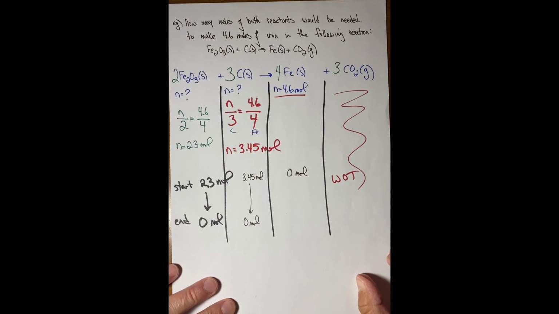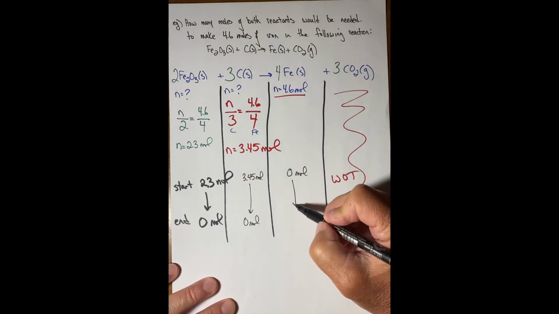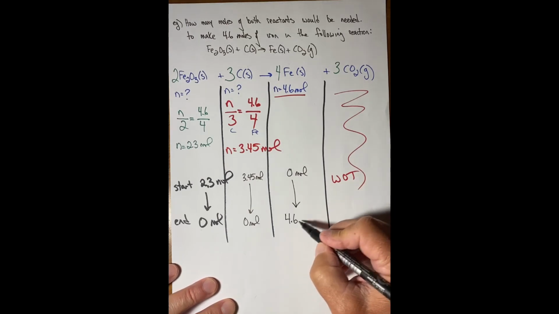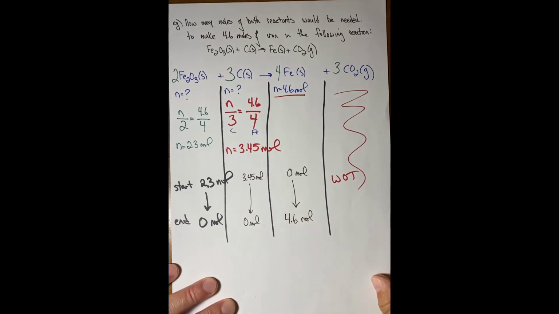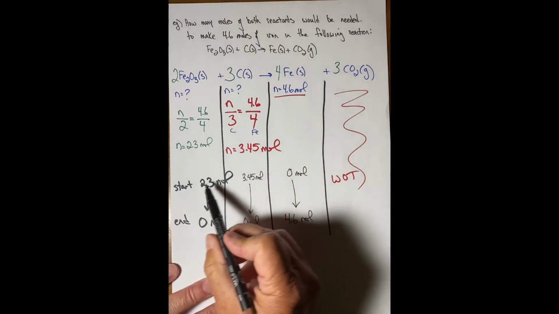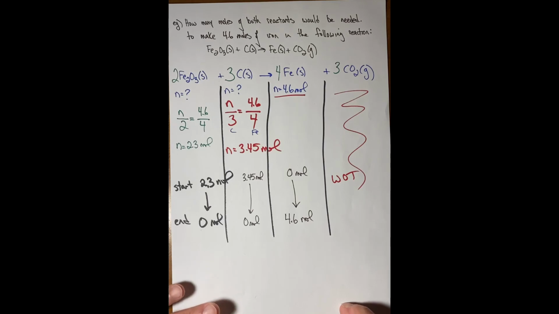We haven't made any yet. And over the course of the reaction, we are going to make 4.6 moles of this. Now, we have no idea how much of this we're going to make. We didn't have to calculate it, but I do know that we are going to start with 0 moles of this. We just don't know how much of this you're going to make. This part down here, this really is a way to check to see if you understand what you're doing.